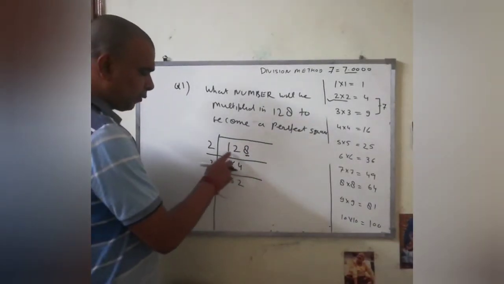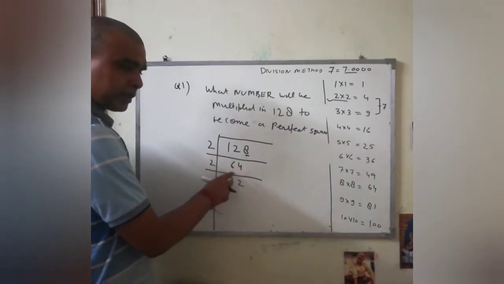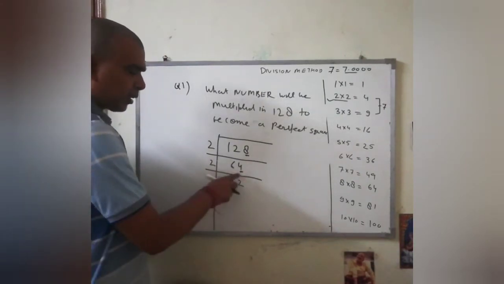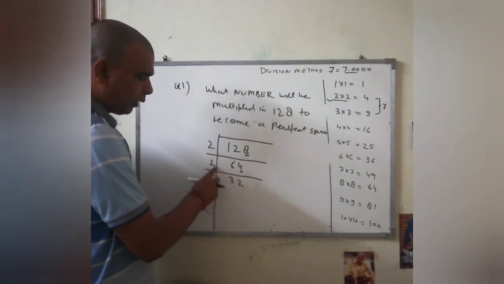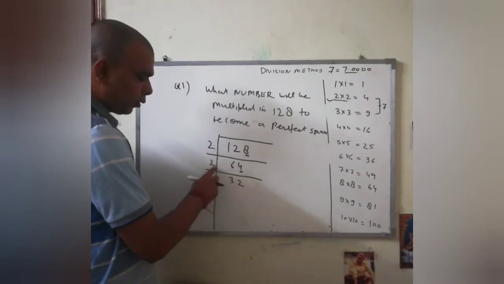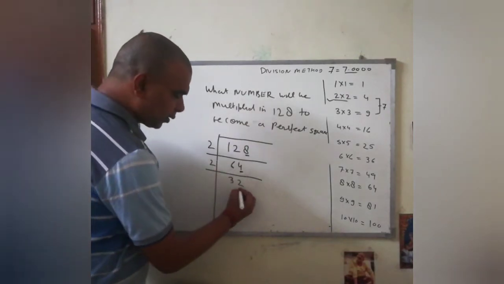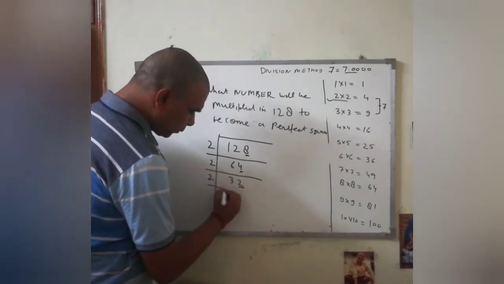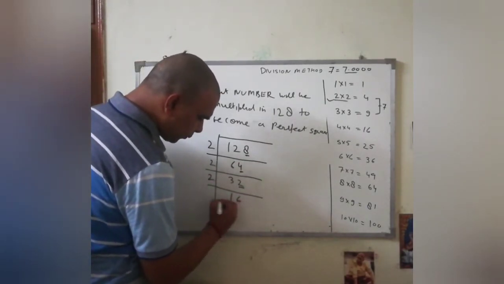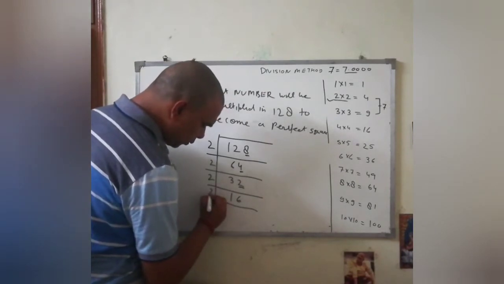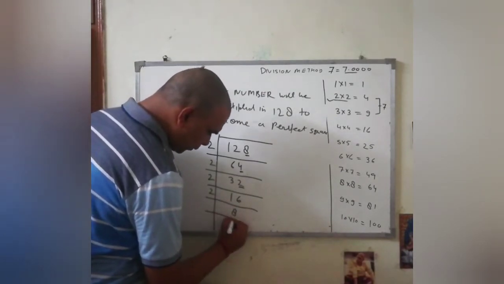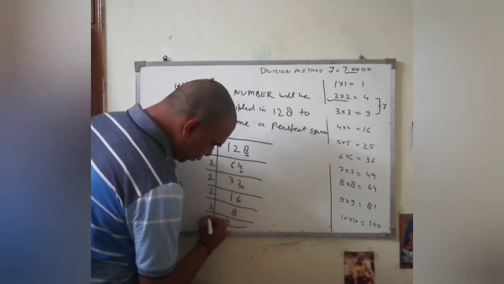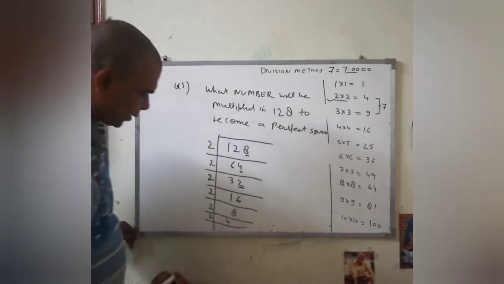Now we divide 128 by 2, it comes 64. Now 4 is in the ones place, so it is also divisible by 2. Now we divide 64 by 2, we get 32. Now this number is also divisible by 2. 16, 2, 2, 4, 2, space is less.